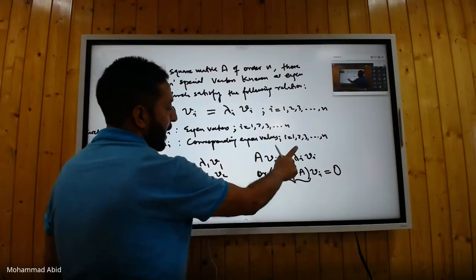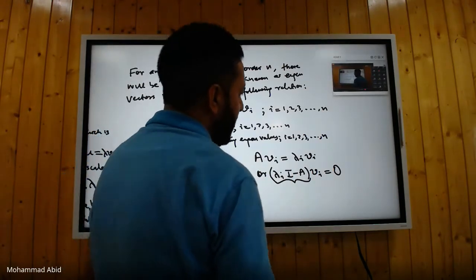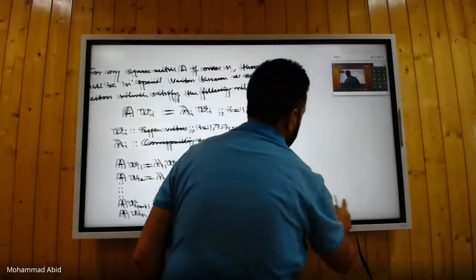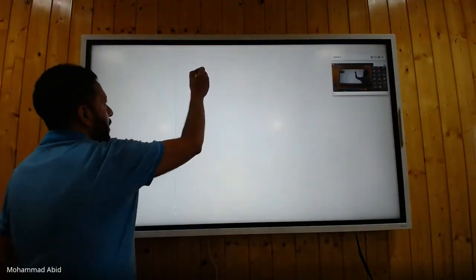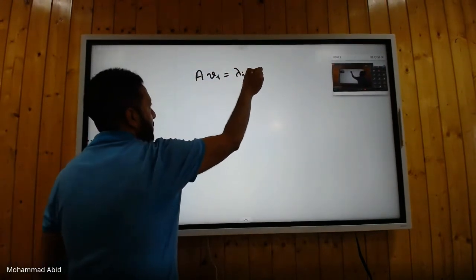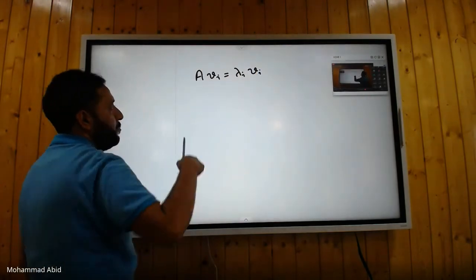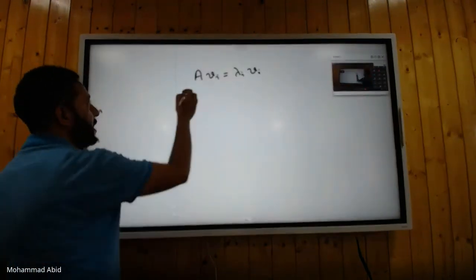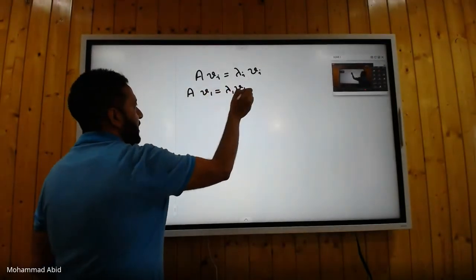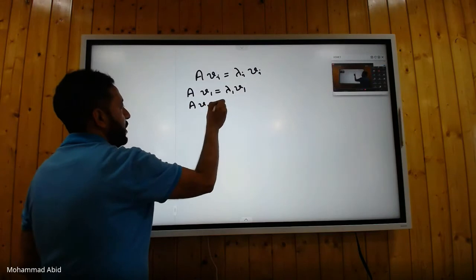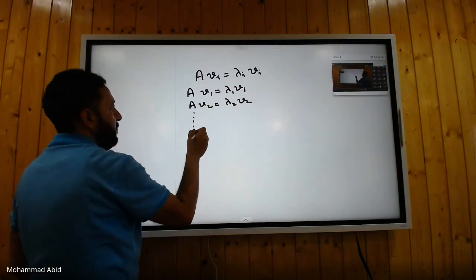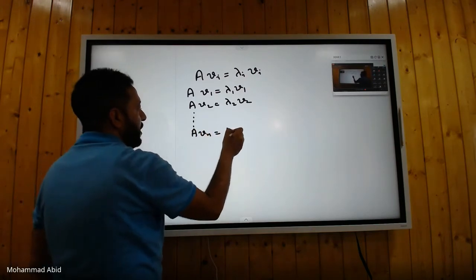So if I come back to this expression A vi equal to lambda i vi, और इसकी जो मैंने बहुत सारी एक्सप्रेशंस लिखी हैं, इक्वेशंस को A v1 equal to lambda 1 v1, I'm rewriting it, A v2 equal to lambda 2 v2 and so on, A vn equal to lambda n vn.